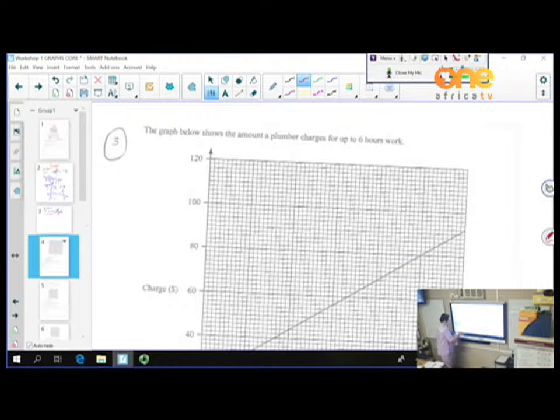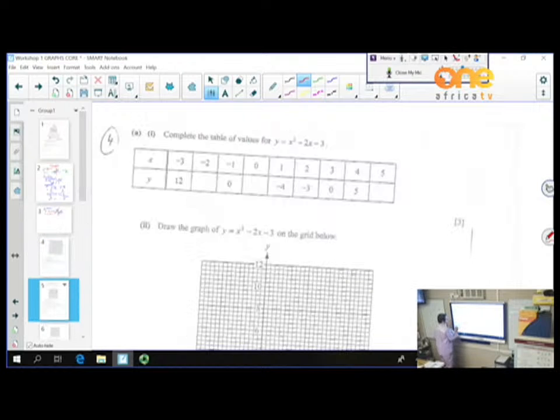Question 4. Haven't we done this one also? Okay, so let's then look at question 4. But I think we should slide on. It's not this one, it's the next one. Yeah, there is that one.